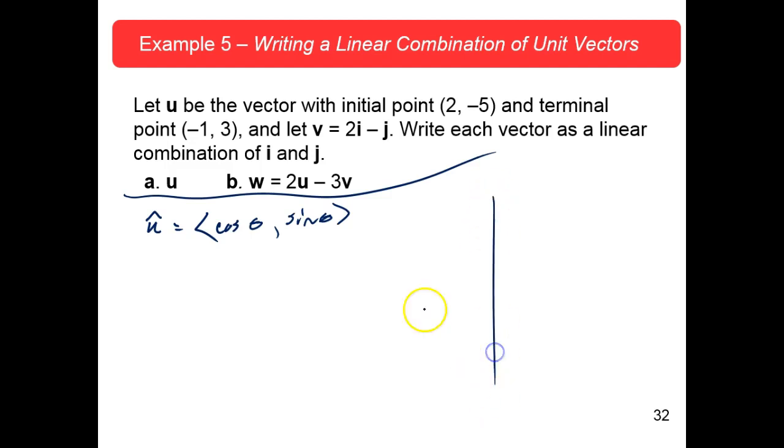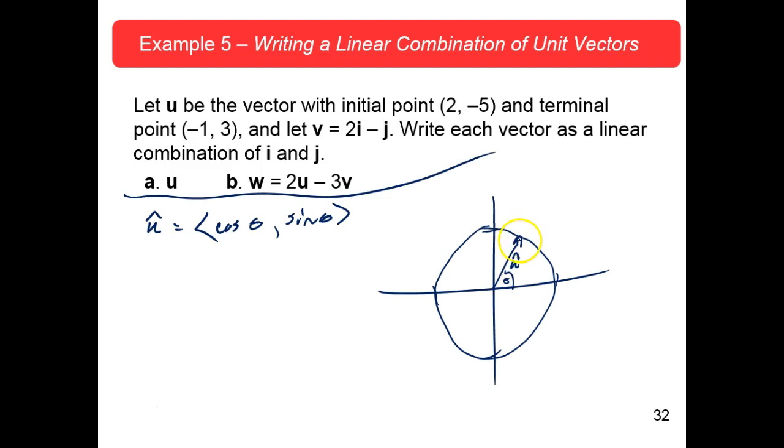So that's radius 1, and any unit vector can be represented by, because it has a radius of 1 on that circle, if this is its angle theta, then the x component of that vector is 1 times the cosine of theta, and the y component is 1 times the sine of theta. Okay? So this is how we write that.